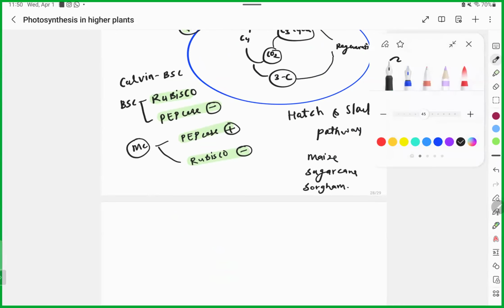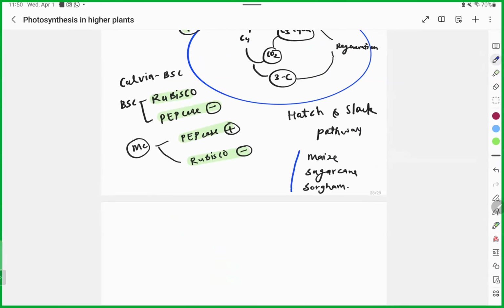All these are the simplest C4 plants that can tolerate high temperature. You can see all these plants mostly occur in areas where you have water shortage. Any doubt?